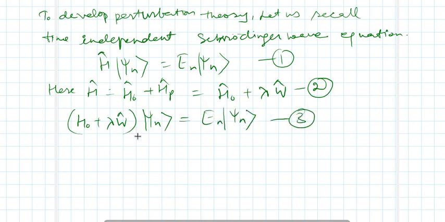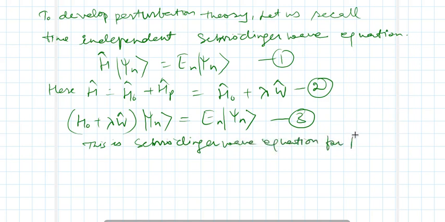Call it equation number 3. So this is the Schrodinger wave equation for the perturbed system.